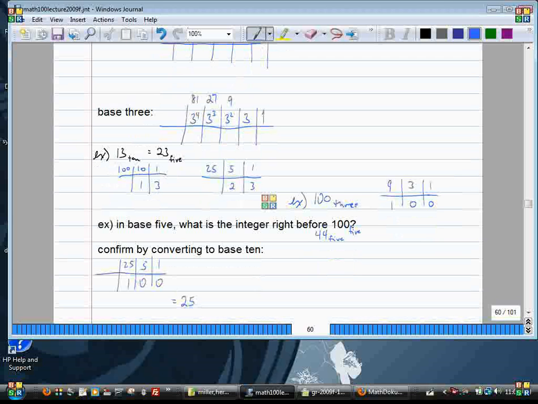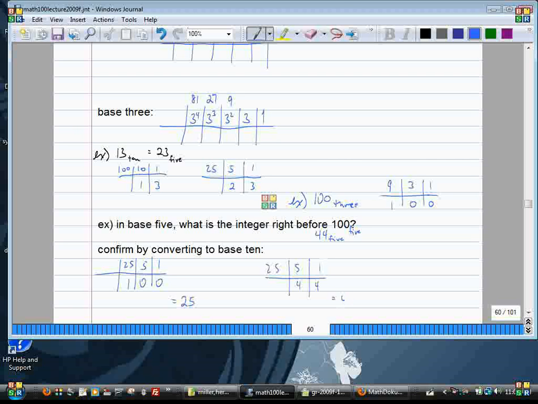Now let's do that with 44. So what number is that? And how can we figure out what number this is? Exactly. This tells you that there's 4 5s and 4 1s. So how can we write that out so we can calculate that? We'll just write that as an equation.